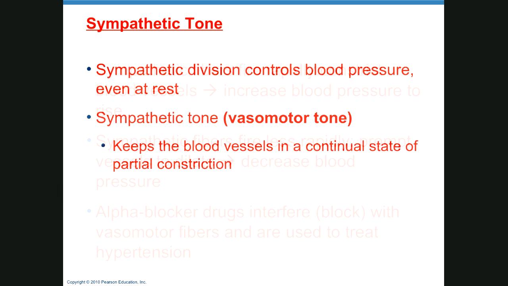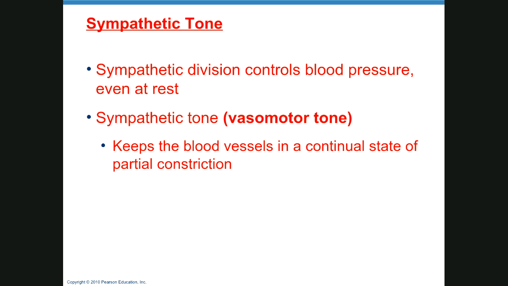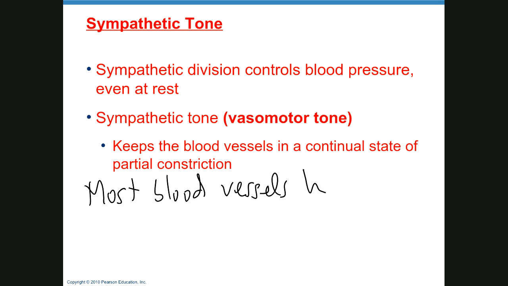This is one of the exceptions. Let me go back, and this is important. I'm going to rephrase that. Most blood vessels, there's a few exceptions, have only sympathetic innervation.